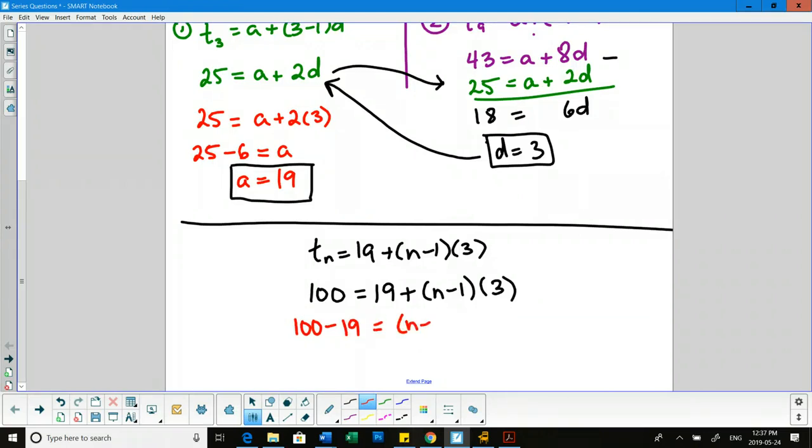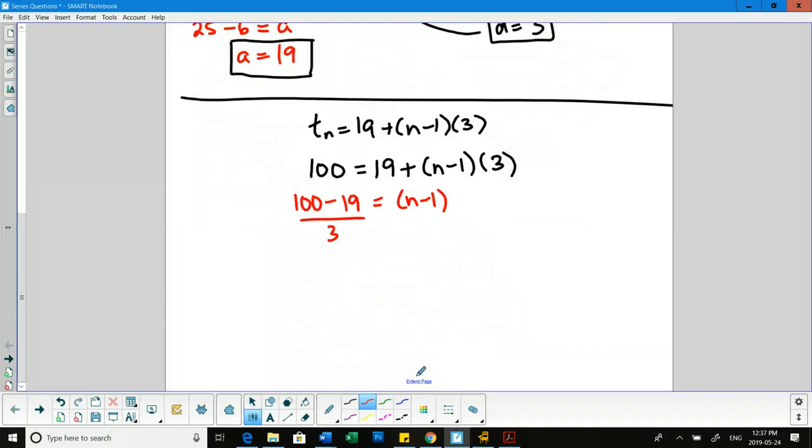Okay, so just isolating here, I'll divide out the 3 as well. Okay, I believe this gives us 27.